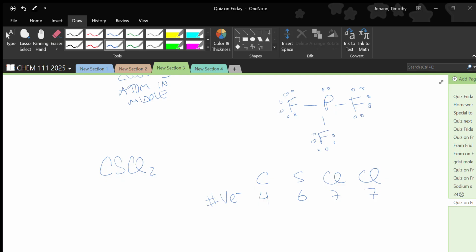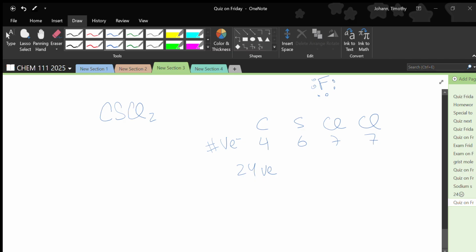All right, so we have what is that up to? 24. 24 valence electrons. And we talked about already, carbon goes in the middle, right? I'm going to go ahead and connect this up to everybody else using single bonds. It doesn't matter where I put each one, okay?